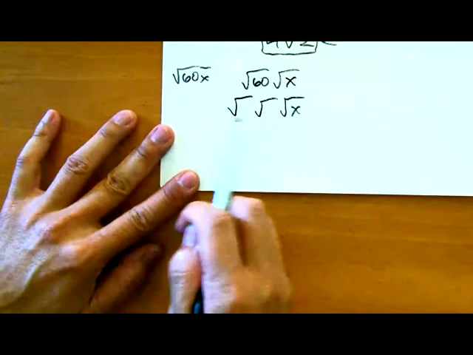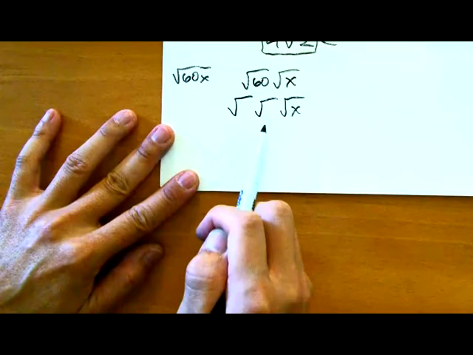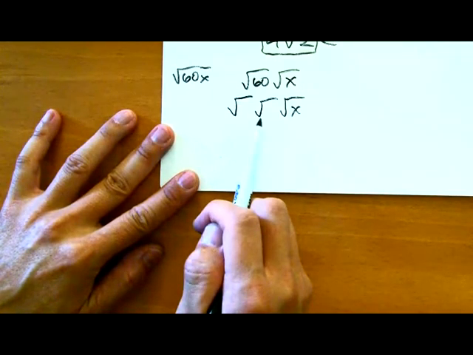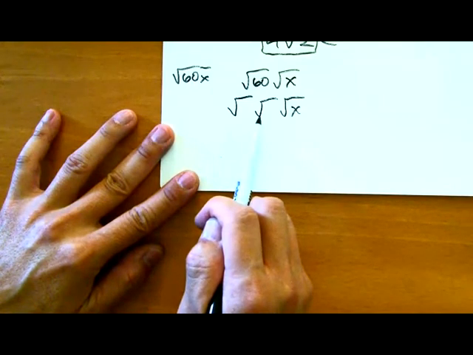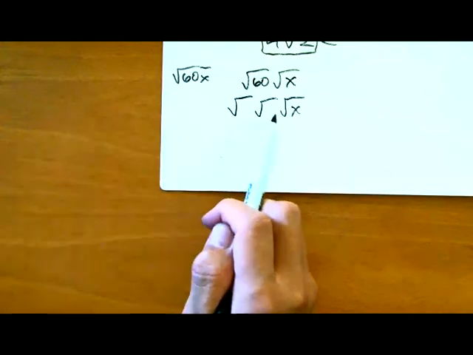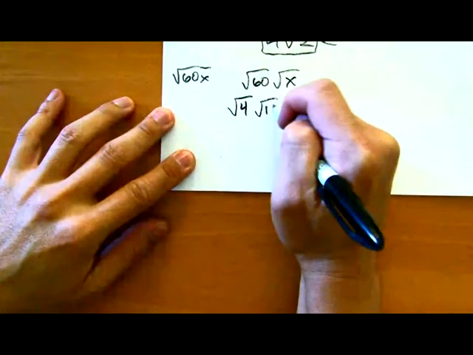We need to split into factors, one of which we can square root. 10 and 6, no, that doesn't work. 2 and 30, no, that doesn't work. 3 and 20, no. Oh, here, 4 and 15.